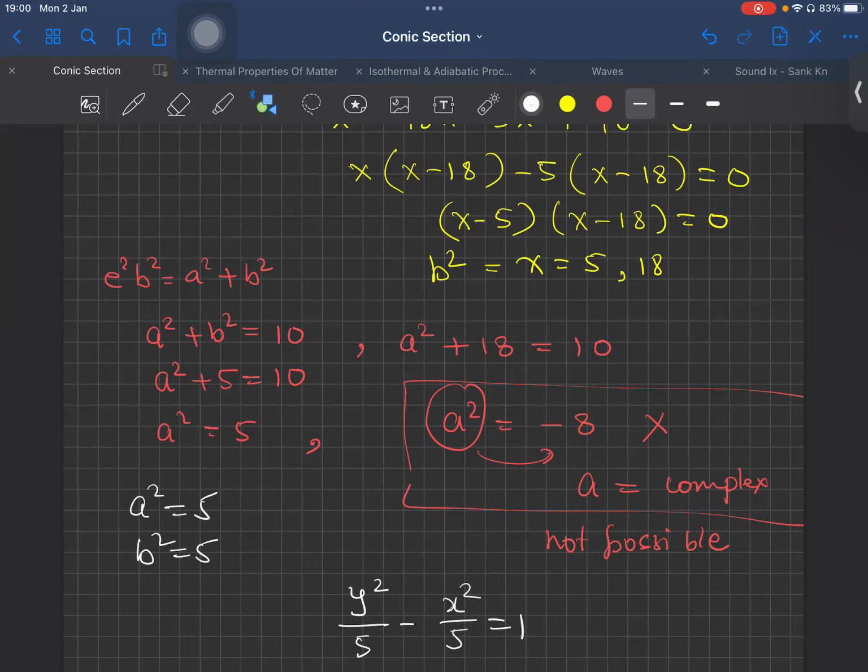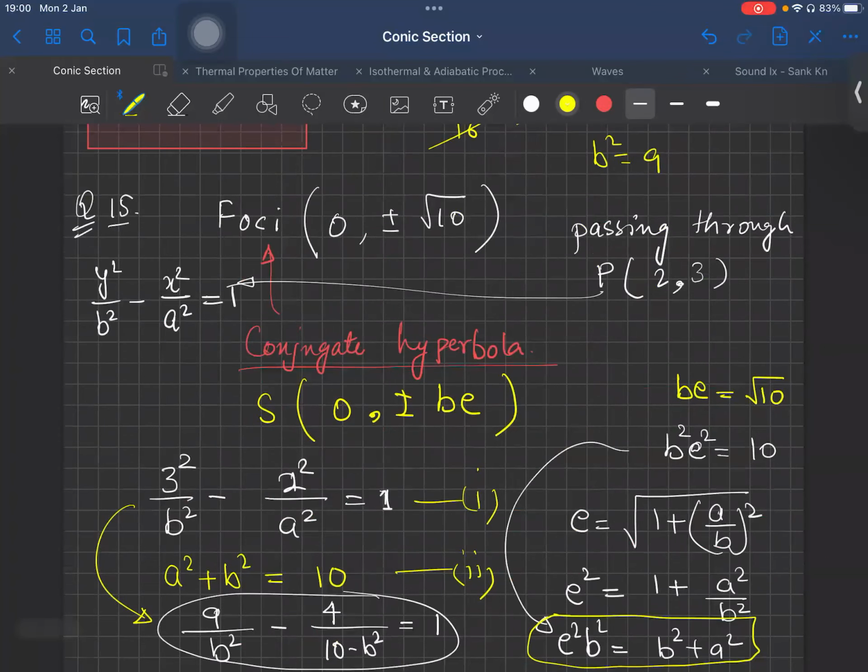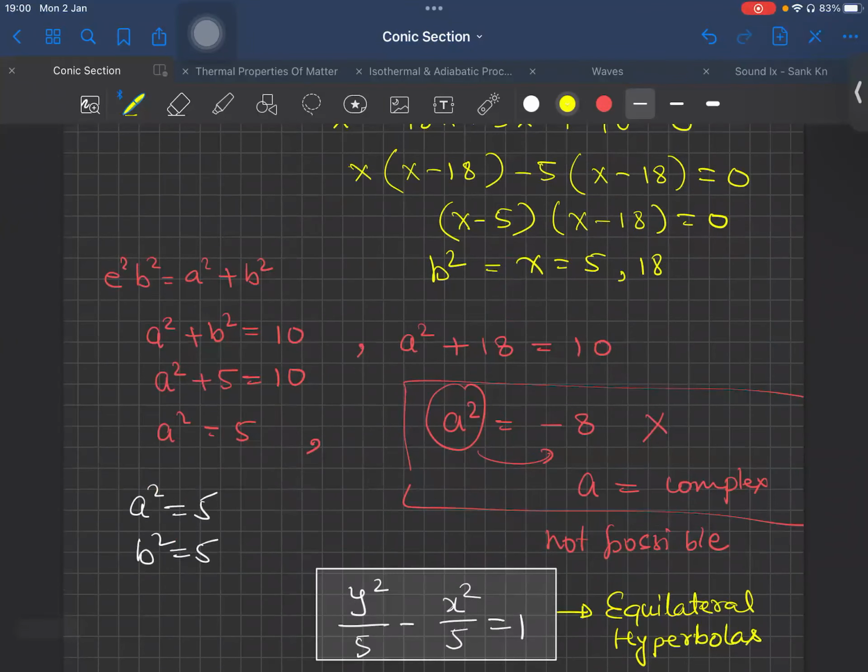We had studied equilateral hyperbola, where a is equal to b. Isn't it? That's what we have got. That means eccentricity will be equal to how much? Square root of 2.